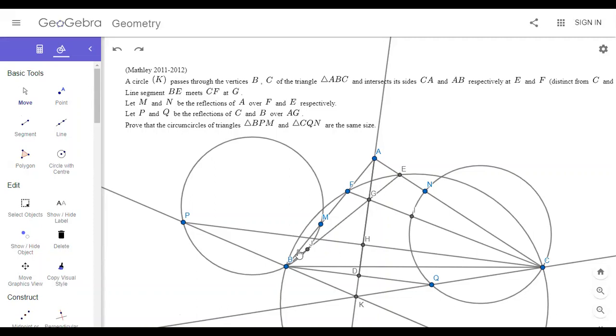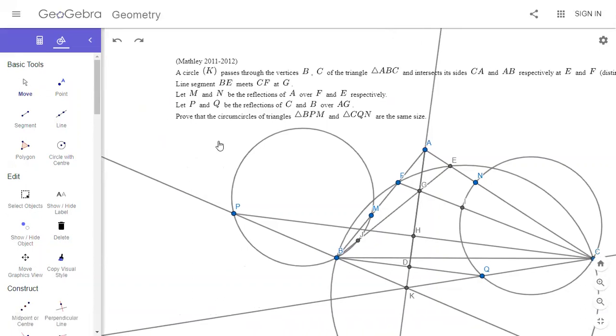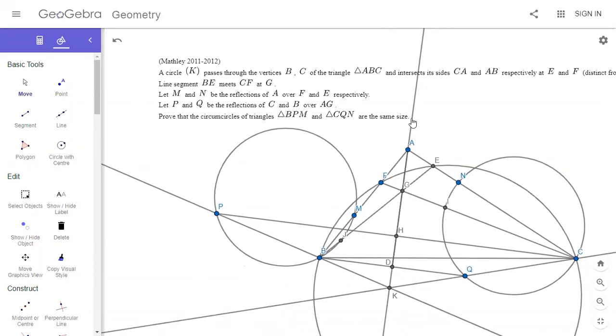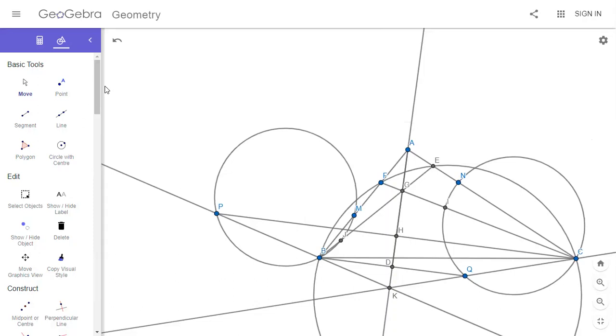So I'm just trying to think. First, I'm going to show AK as the radical axis. So I'm going to write this up.